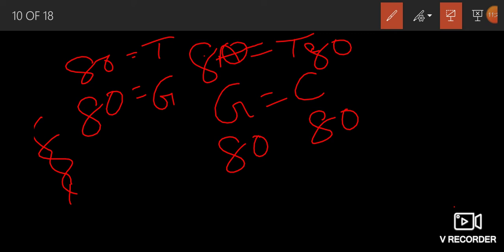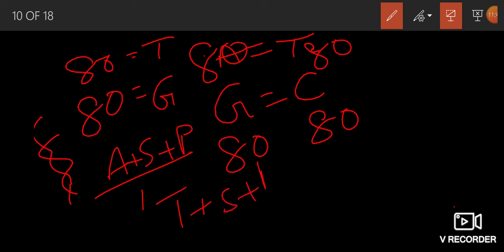Each nitrogen base forms a nucleotide. It means a nitrogen base, sugar, phosphate. Thymine, sugar, phosphate is one nucleotide. Guanine, sugar, phosphate is one.